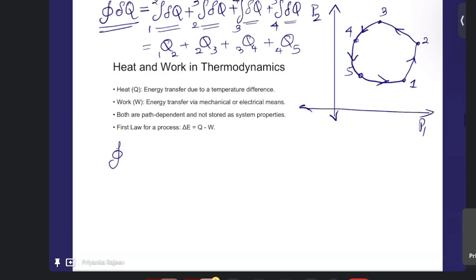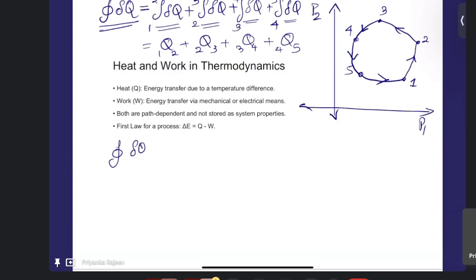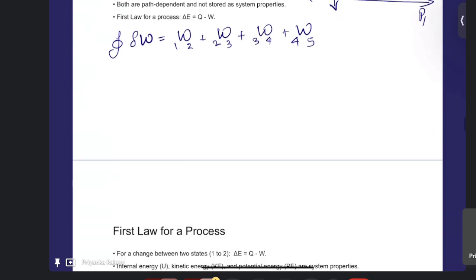So how to write it for work? Again, delta W is equal to W1 to 2 plus W2 to 3 plus W3 to 4 plus W4 to 5.